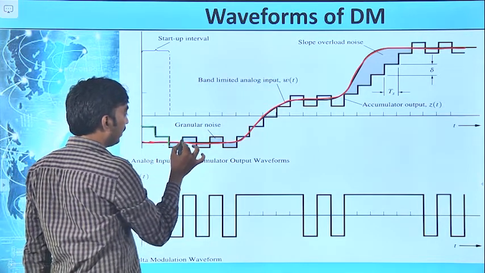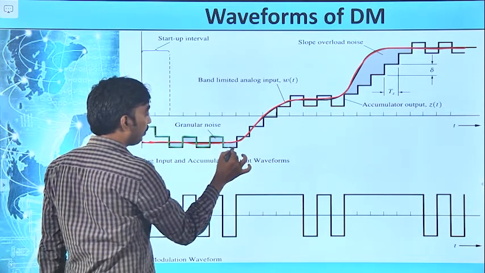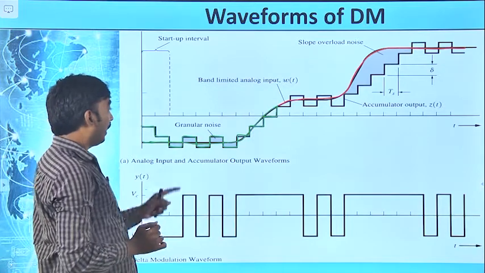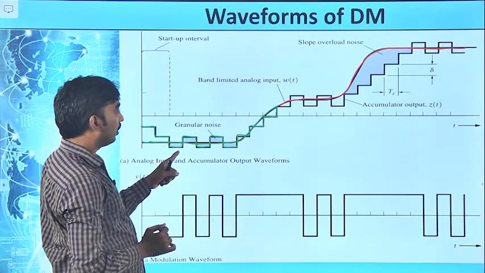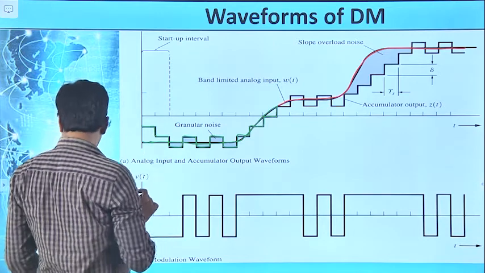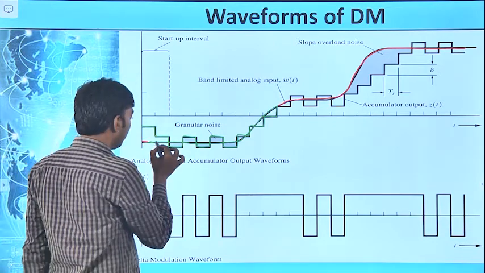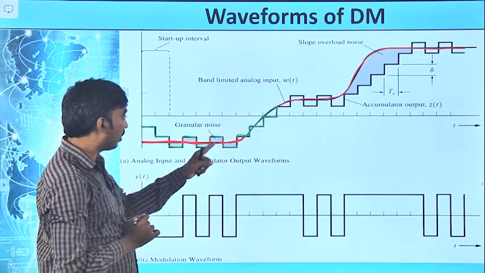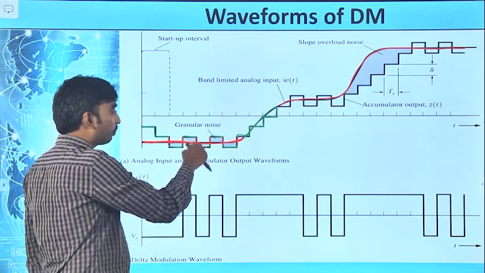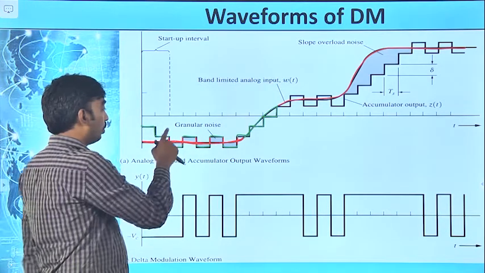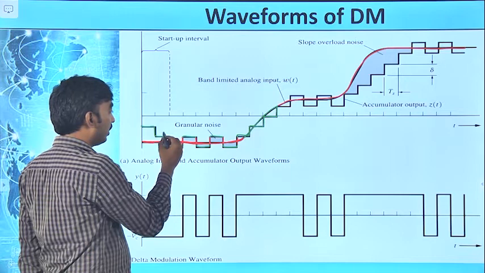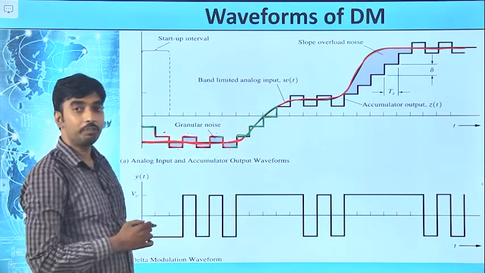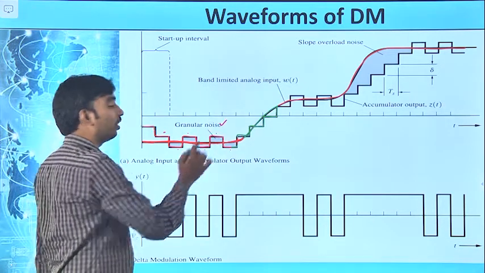So this is a staircase from the delta modulation, where the input signal is constant. See here, the input signal is a constant. When the input signal is constant, the step size is fluctuating: plus delta, minus delta, plus delta, minus delta, plus delta, minus delta. So this error is called granular noise.